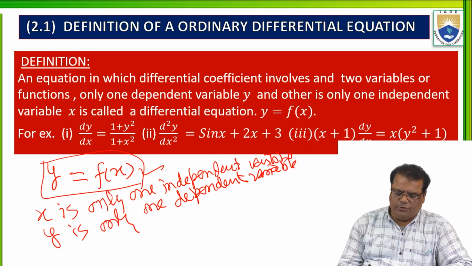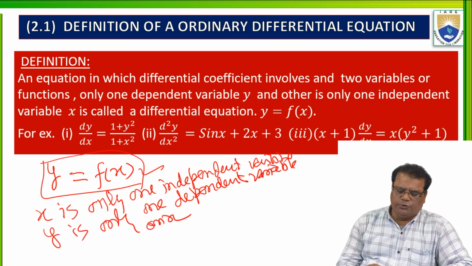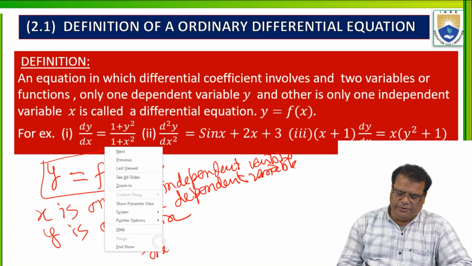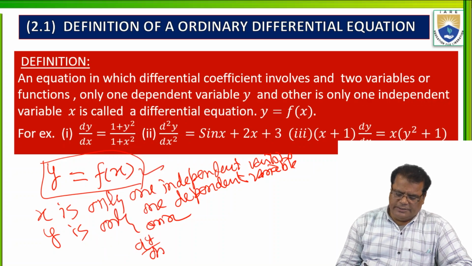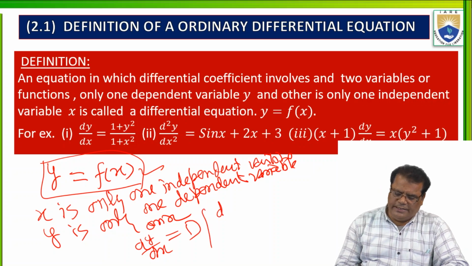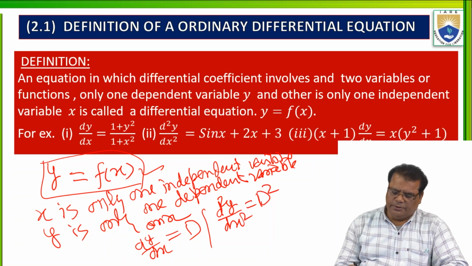This is dependent on x. So here this derivative is known as dy over dx, that is represented by capital D. And d2y over dx2 is represented by D square y.